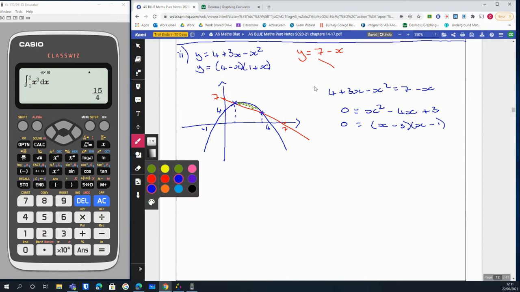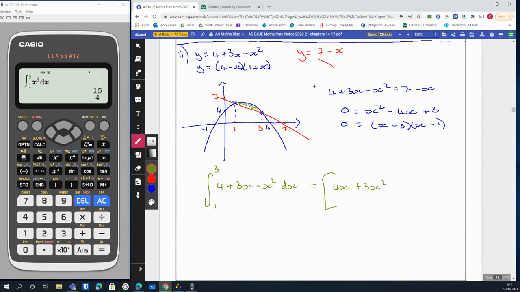So we know that our limits that we're working with here are 1 and 3. So focusing on the quadratic first of all, we've got the integral of 4 plus 3x minus x squared between 1 and 3. That gives 4x plus 3x squared over 2, minus x cubed over 3, between 3 and 1. I'm going to substitute the upper limit in first, so we put 3 in, so we get 12 plus 27 over 2 minus 9.